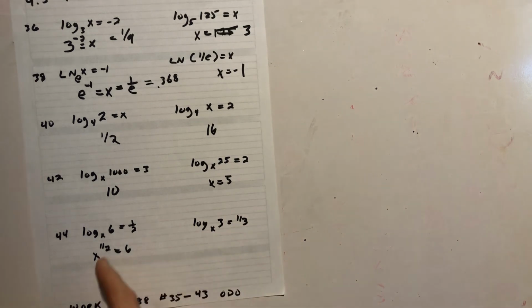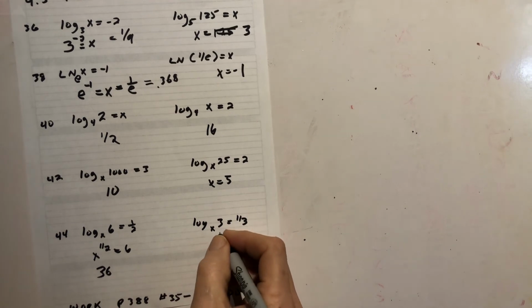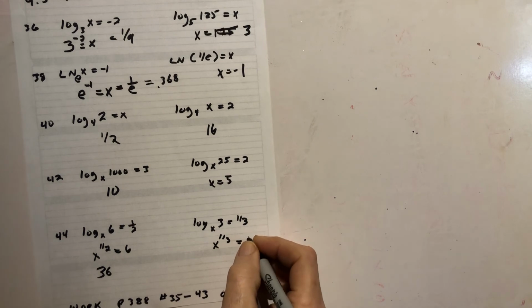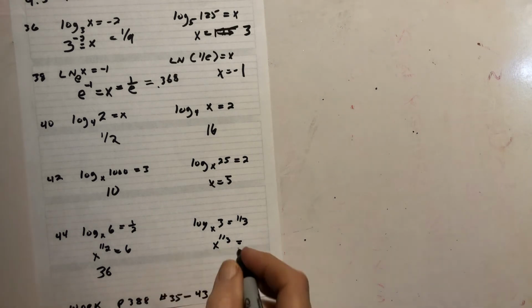Okay, now that you knew this one, try this one, because they're the same, just different numbers. All right, it's x to the 1/3 equals 3.